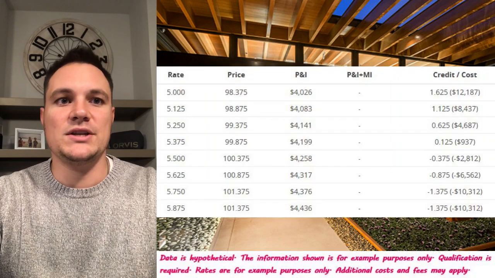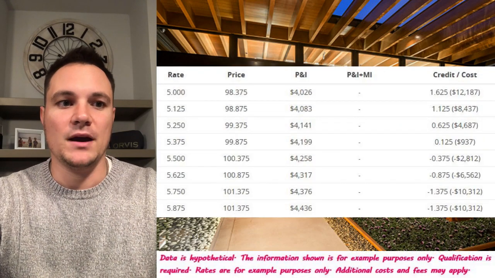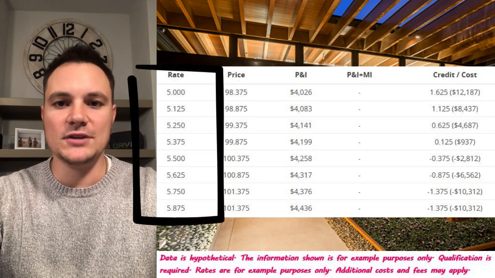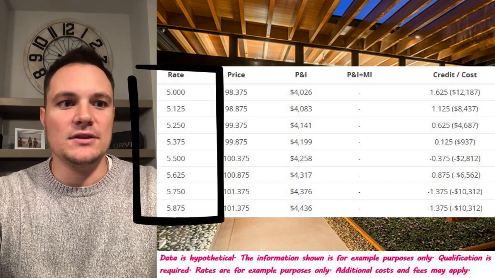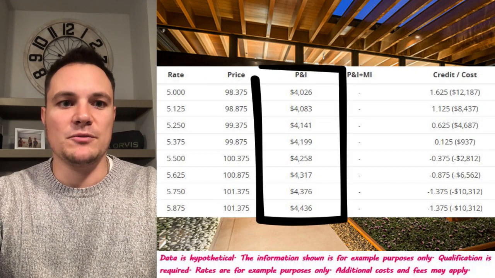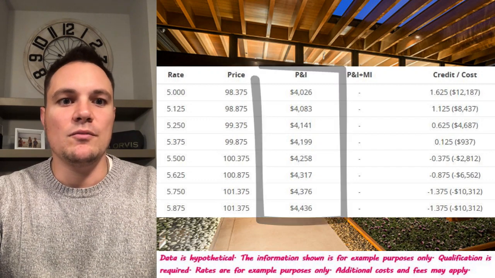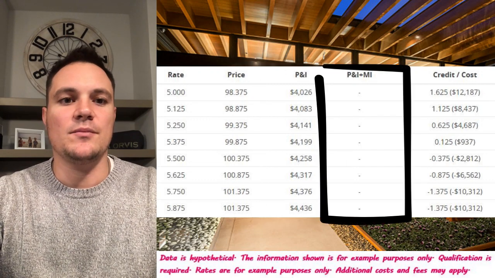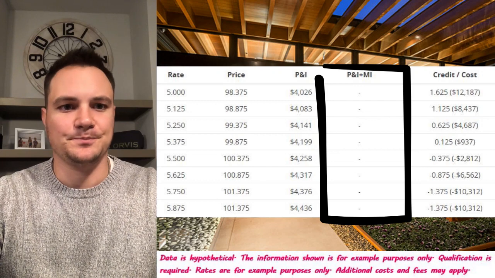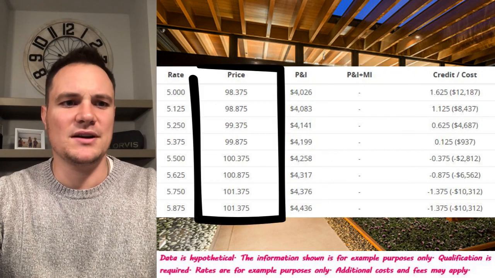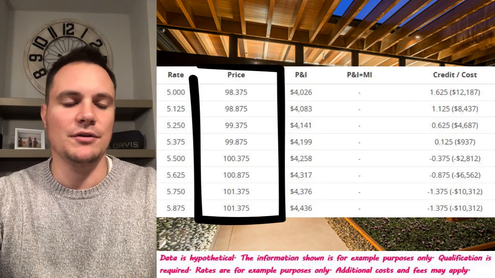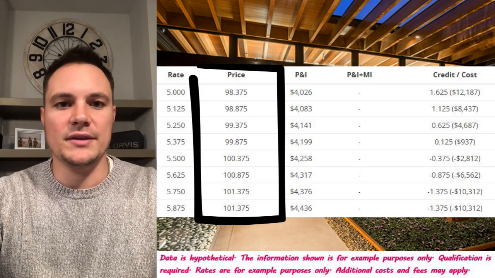So here's an example. This rate sheet is for a jumbo loan. You will see in the left-hand corner is the rate given, the different rates you can pick from. The middle is your principal interest. There's no mortgage insurance on this, so this other column is blank. And the price column is really irrelevant, so don't worry about that.